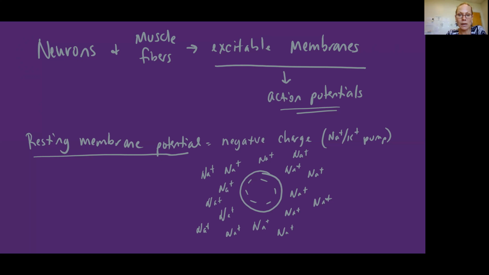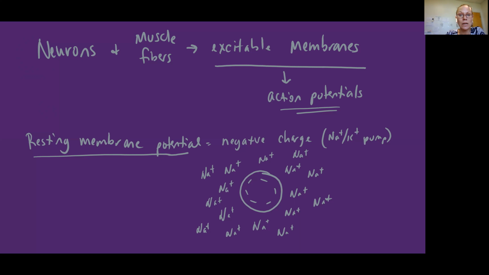It is pumping, that means active transport using ATP, pumping 3 sodium out, 2 potassium in to the cell. So you don't have an equal swap of charge. You have 3 positive charged sodium going out, 2 positive charged potassium going in. And then by collecting all of that positive sodium charge on the outside of the cell, anything inside of the cell with a negative charge is super attracted to that sodium on the outside of the cell, and so it's hanging out right inside the membrane.